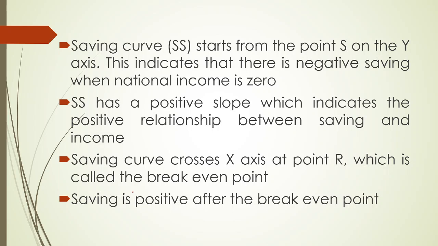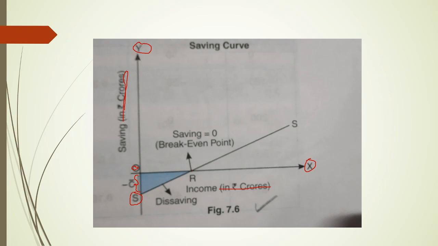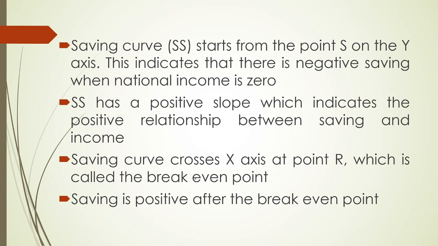Third point is that the saving curve crosses the x-axis at point R, which is called the break-even point. At the break-even point, consumption is equal to income, and saving is 0.